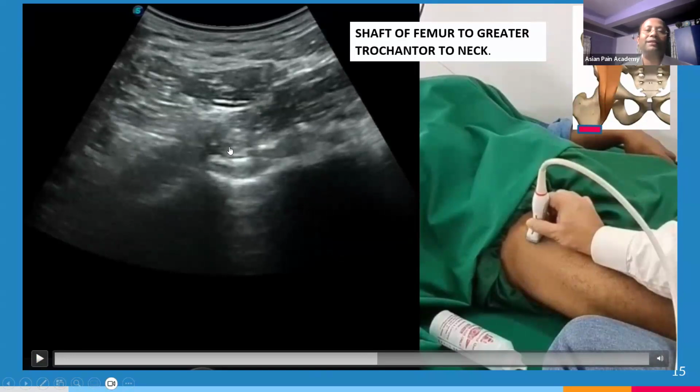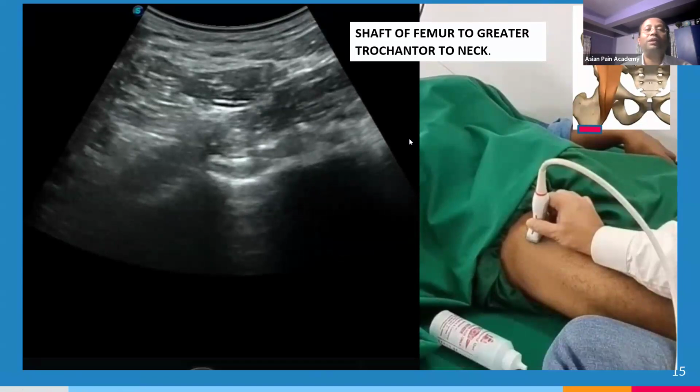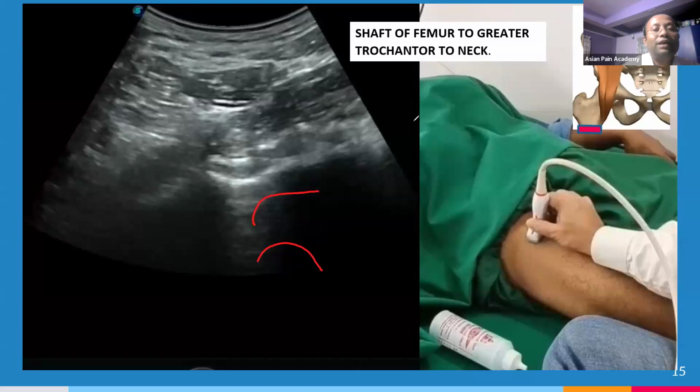Two lines come like this. So when these two lines come like this, then you know you have come to the greater trochanter. Okay. So this is not very important, but to see that the shaft looks like this. This one is lesser trochanter, and for greater trochanter, it looks like this. And on the lateral side it becomes a bit bigger, like this.